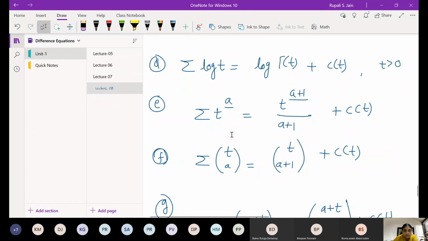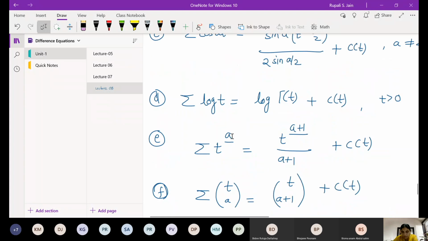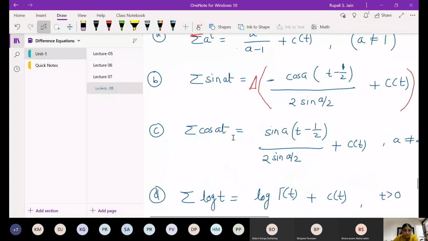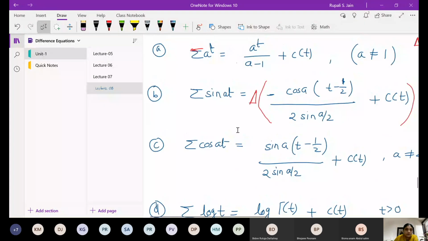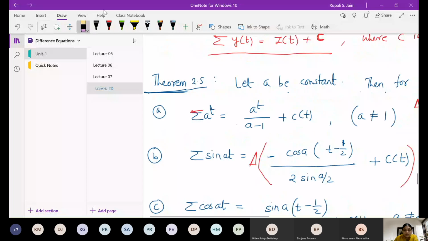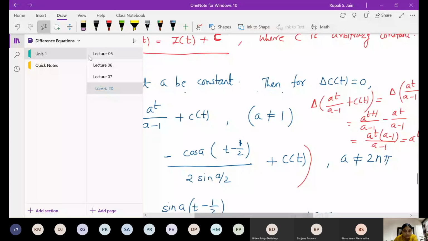We already did this in theorem 2.2, so everything follows from 2.2. But if it is asked in the exam, then you have to write the full steps.